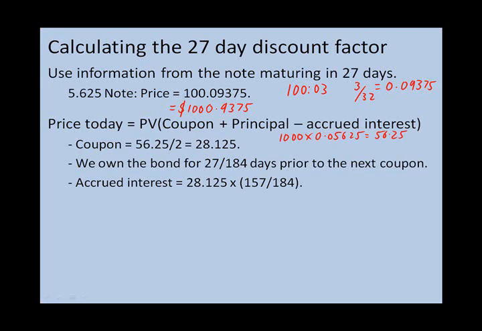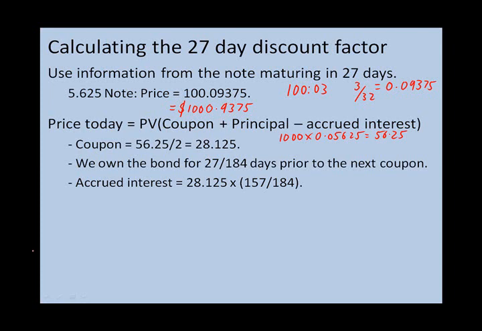So the payment that we're going to receive in terms of coupon in 27 days is 28.125. Now we've got to worry about accrued interest. We own the bond for 27 days out of the 184 days since the previous coupon. The accrued interest is going to be over the previous 157 days.